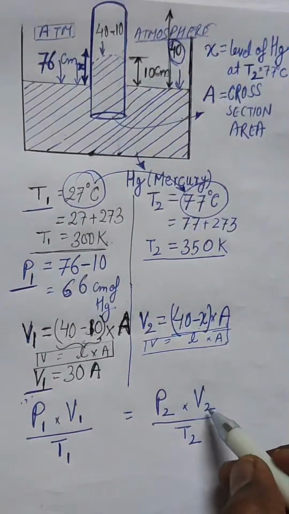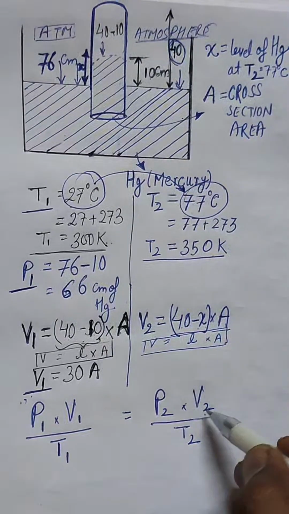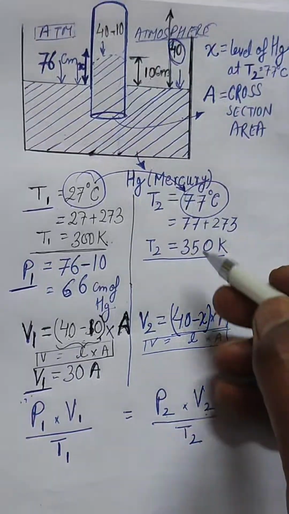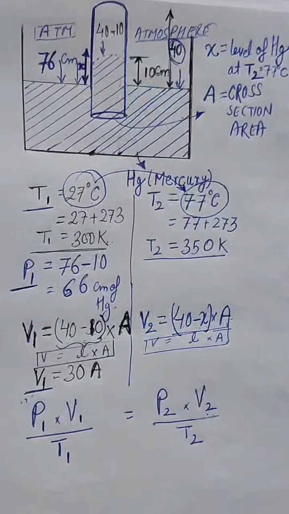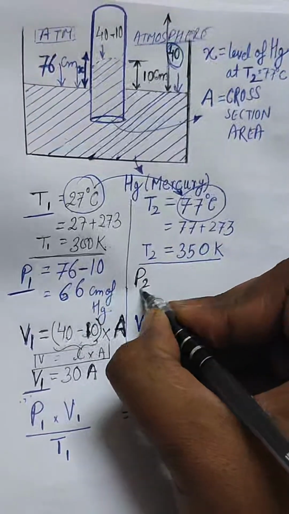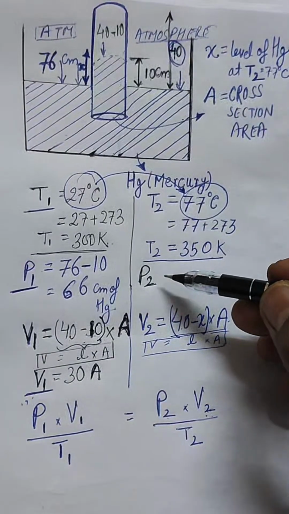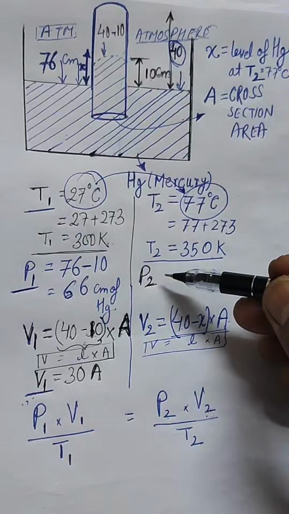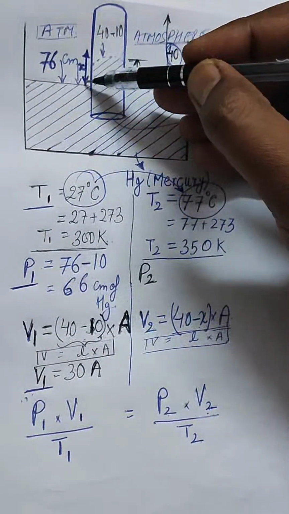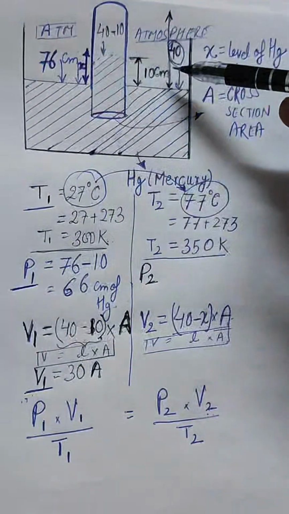Now, to equate as per the Gay-Lussac's law, we know the volume. Volume is V2, which is 40 minus x into A, and P2. What is the pressure over here? That we have not calculated yet. So the pressure over here is P2 in the second case when the temperature was 350 K. So what is P2? To calculate the new pressure, here you can see 76 cm of Hg outside, on the external layer of Hg, which is in direct exposure to the atmosphere.